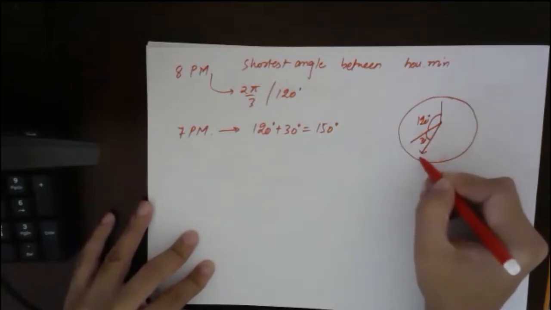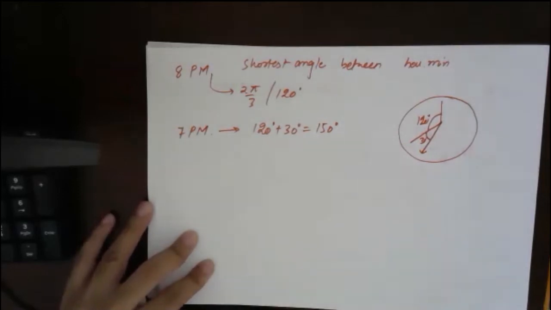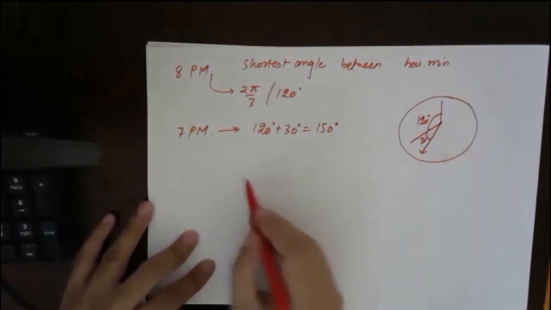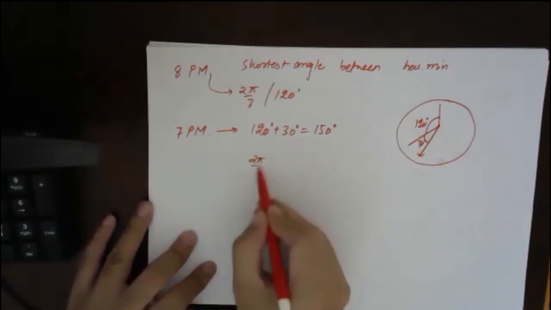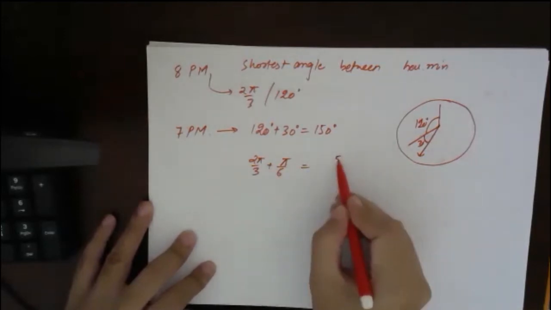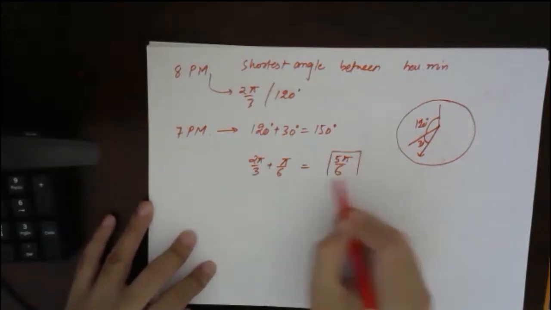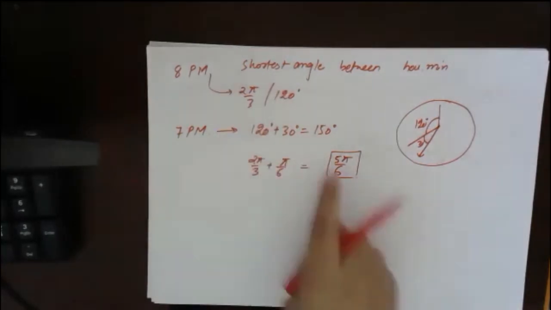So total 150 degree. In terms of radian, we have 2 pi by 3 plus pi by 6. So this will become 5 pi by 6. Very good. So everybody understood this?